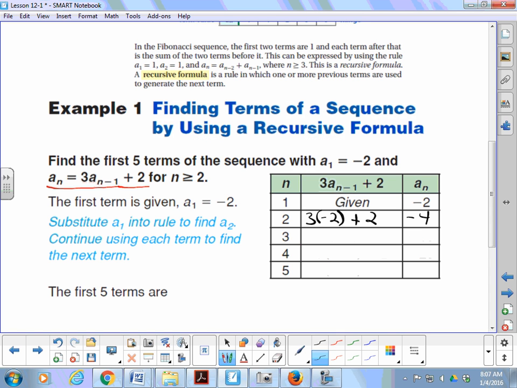Then we'll use that answer to get the next one, because we're going to use our last answer then to get the next answer. So 3 times negative 4 plus 2. Negative 12 plus 2 is negative 10. And then we use that answer to get the next one.